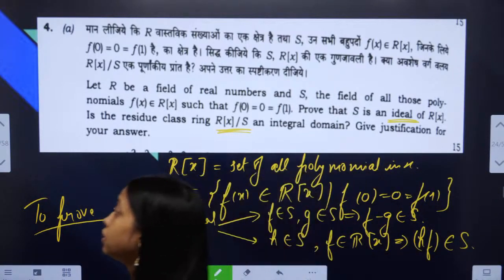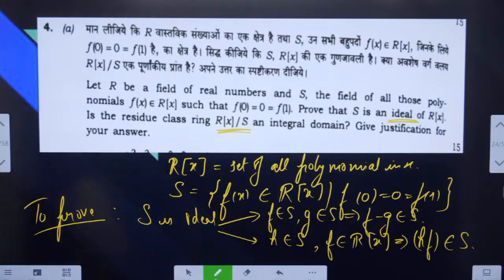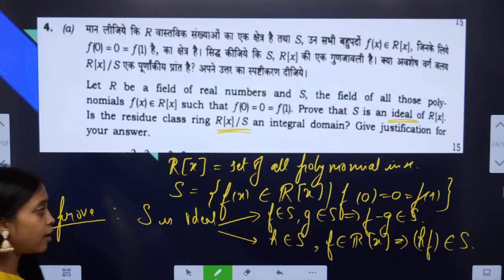See, R ring. You can try with an S generated by a polynomial.